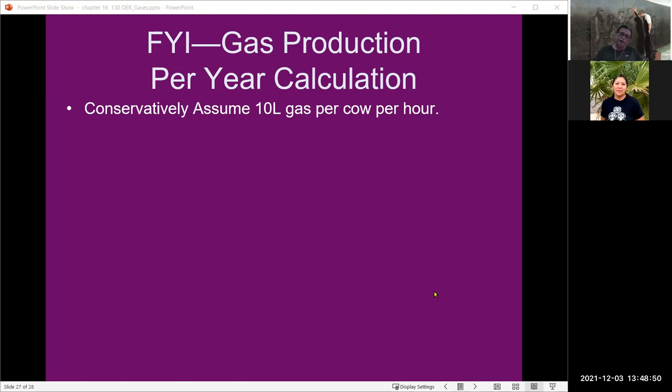That's a pretty good guess, being conservative. Well, there's 24 hours at 365 days, so in a year you're looking at 87,600 liters of gas per year per cow.